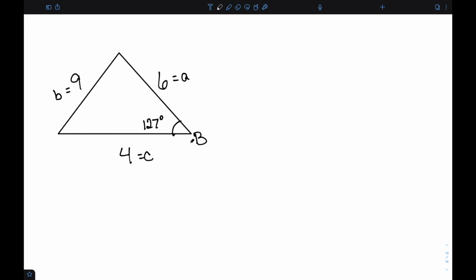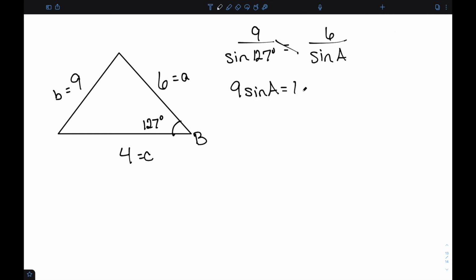Now that I have angle B, I can use my law of sines. I know that 9 over sine of 127 degrees is equal to 6 over sine of A. We can cross multiply to get 9 times sine of A is equal to 6 times sine of 127 degrees.